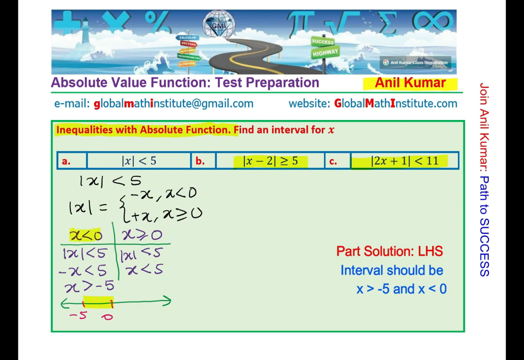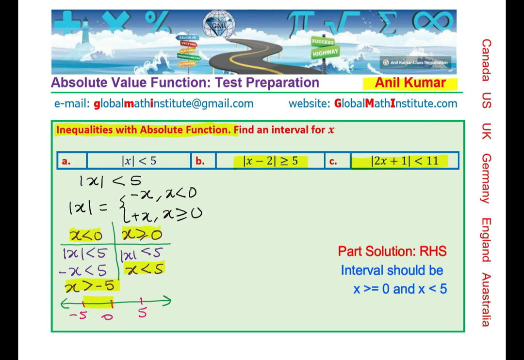So because that is the "and" condition, it has to be less than 0 and greater than negative 5. So only that portion qualifies for the answer. And on the right hand side, we want it less than 5, correct? So if this is 5, then the two conditions are x is greater than or equal to 0 and x is less than 5.